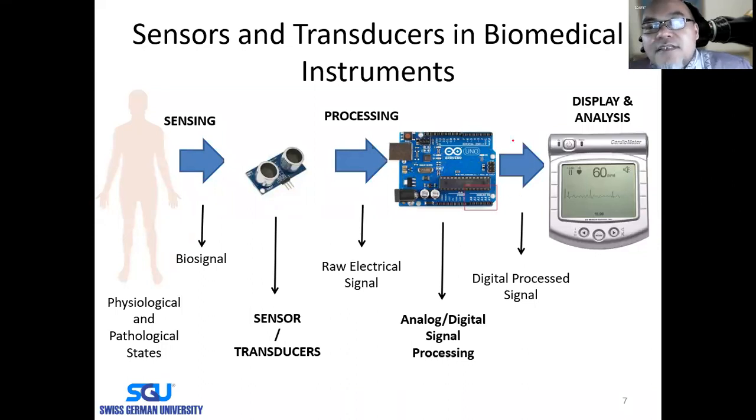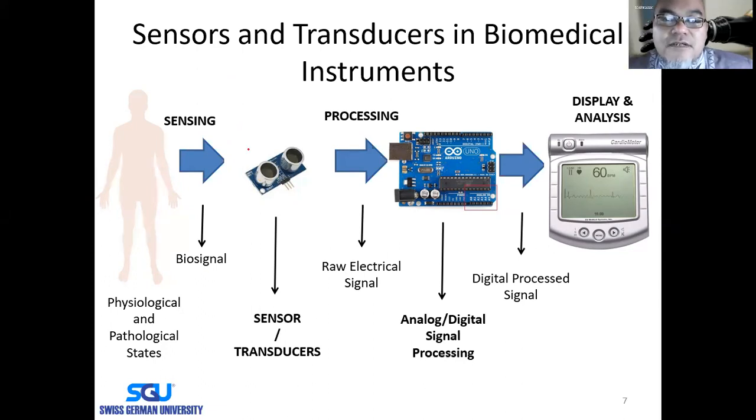The digital processed signal can later be displayed, analyzed, or recorded. We can also process digitally, using filtering or amplification digitally, and many other kinds of signal processing in digital form.